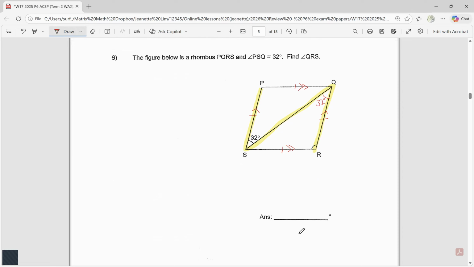Then because I've drawn these two lines to indicate that they are equal, I know that this is an isosceles triangle, which means that this angle here is also 32. So 32 times 2. Then to find this angle here that we want, we take the triangle, which is 180, minus away 64. Answer 116 degrees.